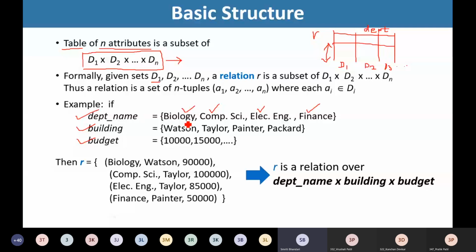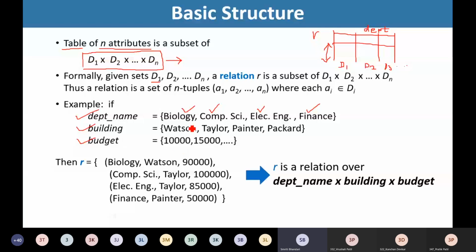So with this department name value biology, I'll be having the combination of all the attributes. So biology Watson 10,000, biology Taylor 10,000, biology Painter 10,000, biology Packard 10,000. Right? So 4 rows in this set I am having.